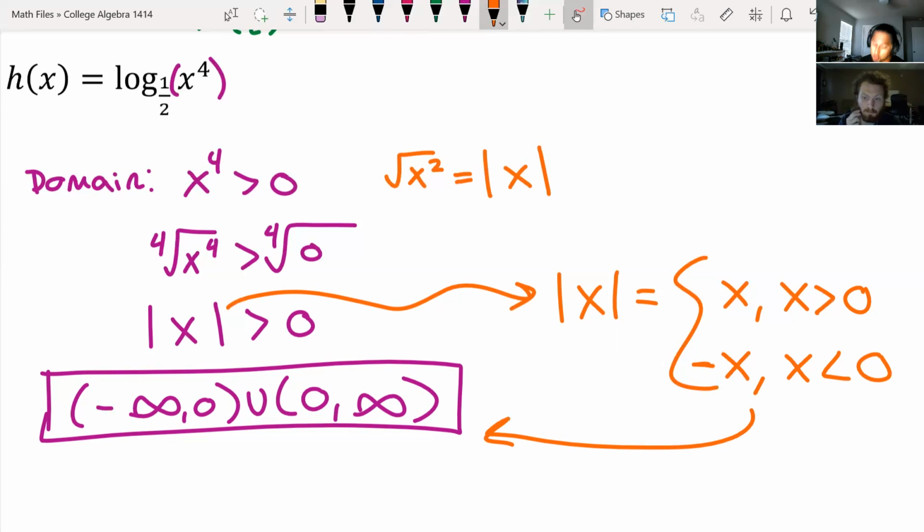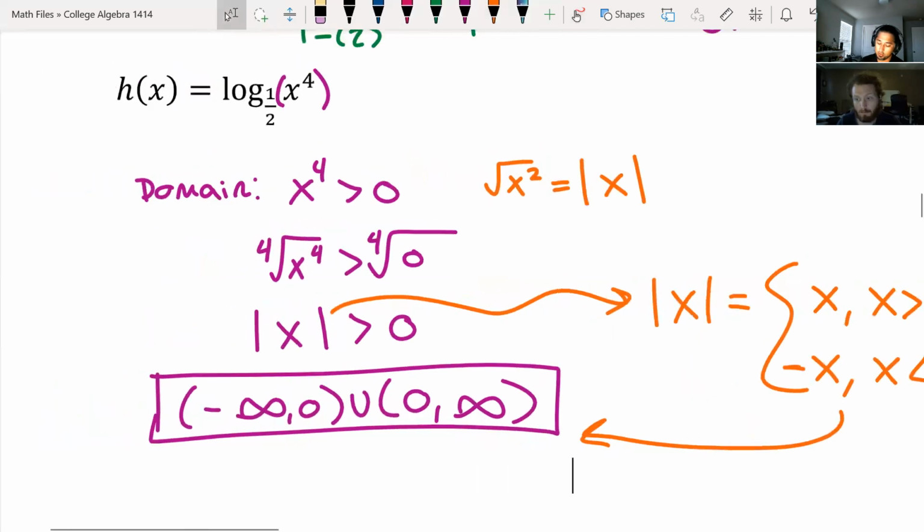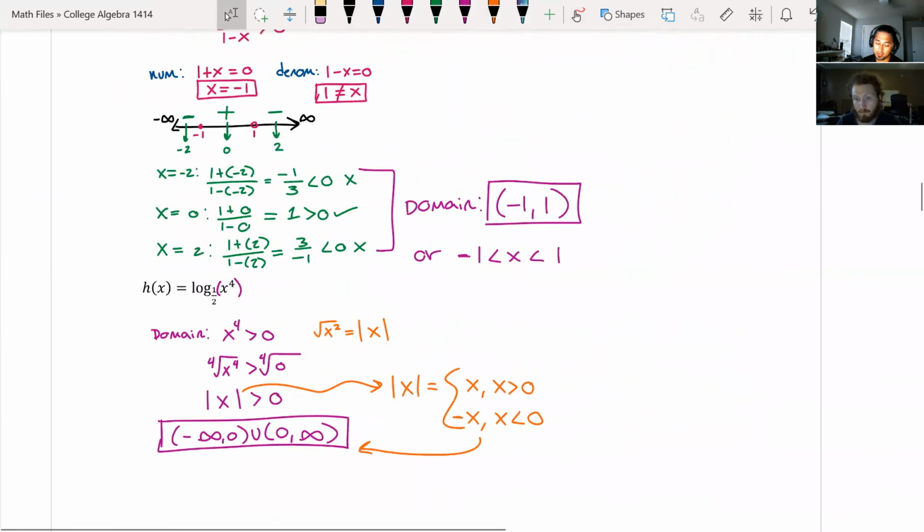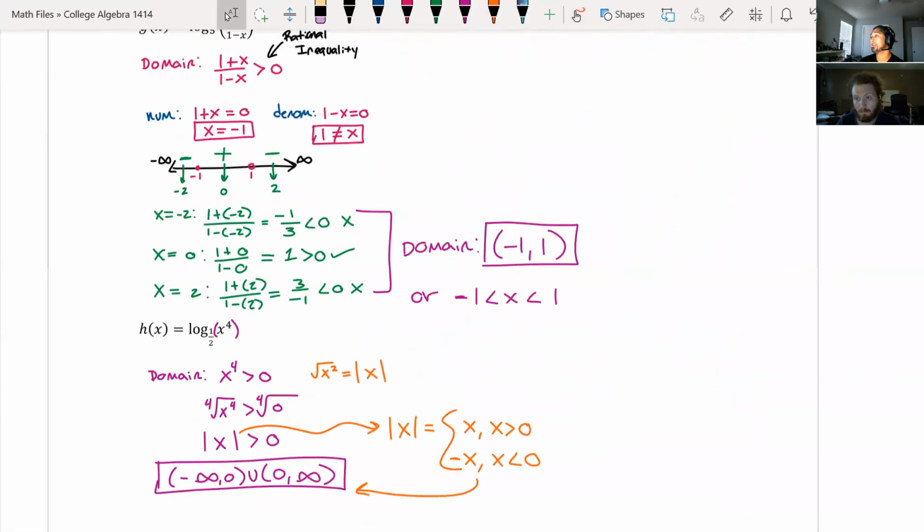And once again, normally you would be greater than or equal to, but we can't in this case because of the log. Cool. And that is how you find the domain of logarithmic functions. Any questions on that?